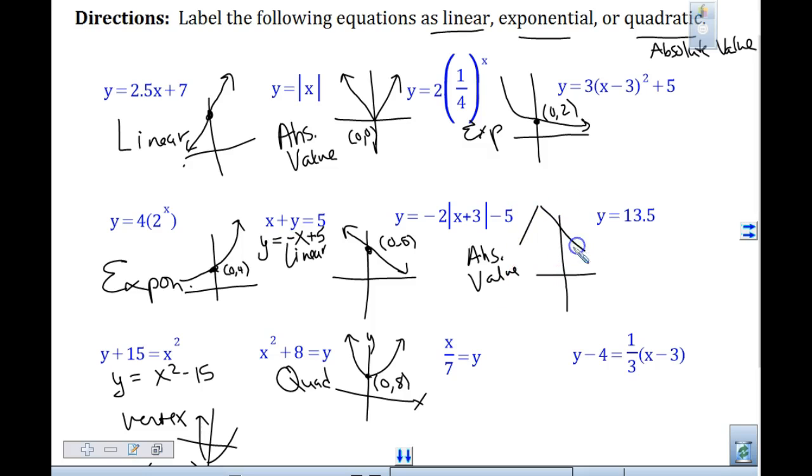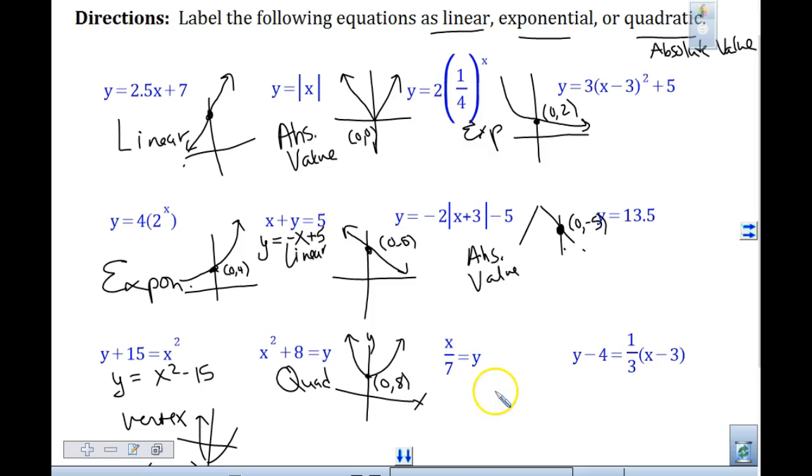So this is going to be an absolute value going down, and this isn't going to be exactly my vertex of negative 3, negative 5, because you have that 2 in there, but it will definitely give me the vertex of 0, negative 5. This negative 2 affects the vertex a little, so we're not going to worry about those.